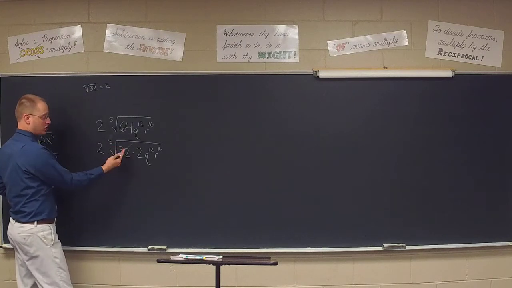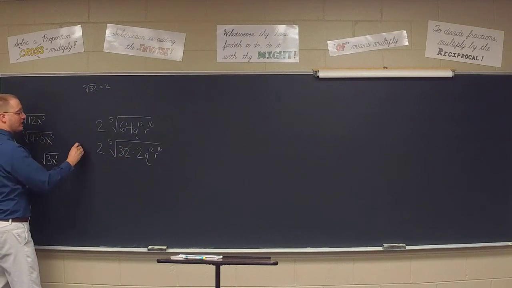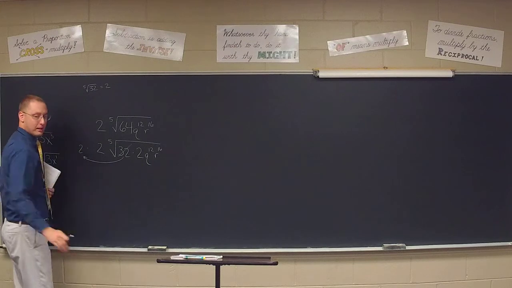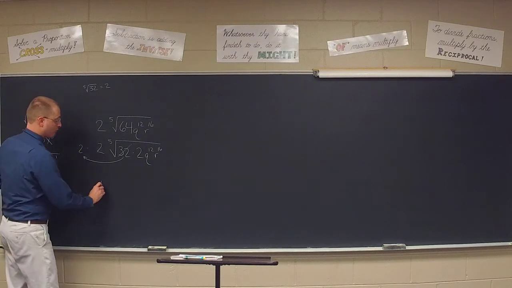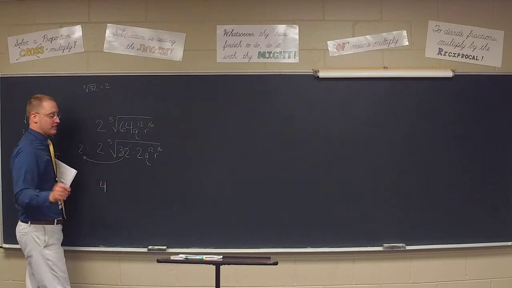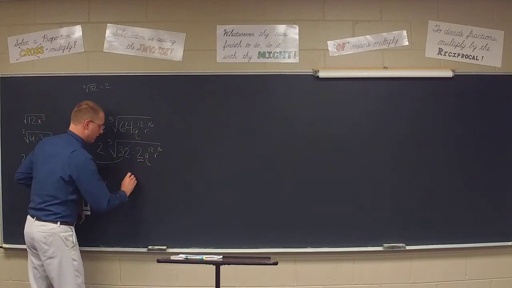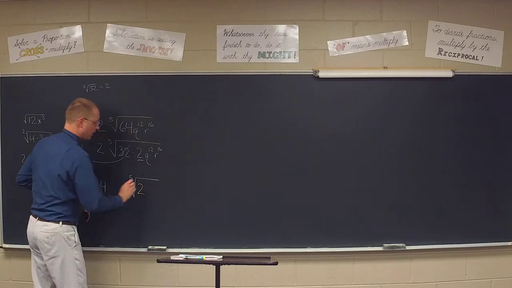Now that gives me a 2, but I already had a 2 out here. So I get a 2 from the 32 times the 2 I already had out here. So now what's my coefficient? 4. But inside the radical, I still need to leave the number 2 from this one right here. So we're going to leave the 5th root of that 2.